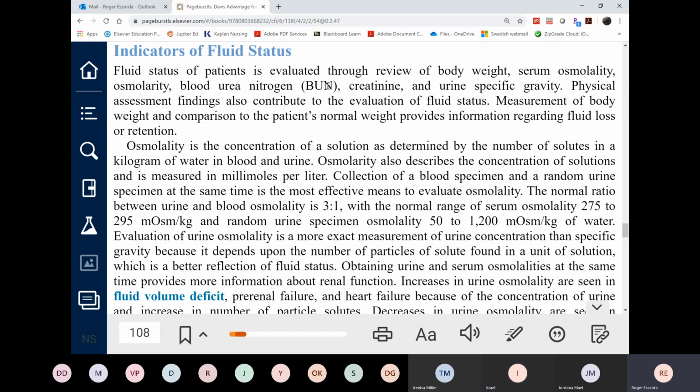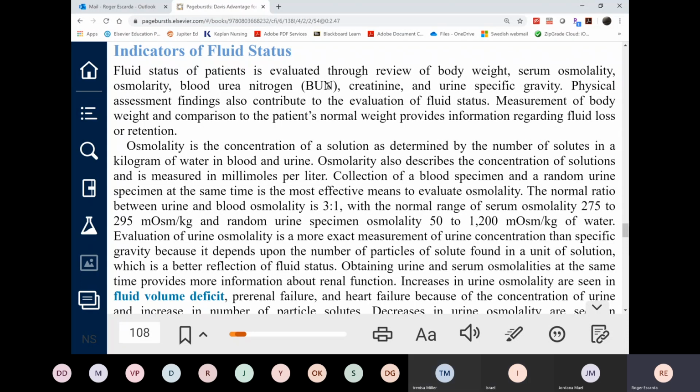Urine specific gravity, this is now the concentration of your urine. What is the normal specific gravity? 1.001 to 1.030, correct. In a patient in fluid overload, what happens to your urine output? It's going to increase.